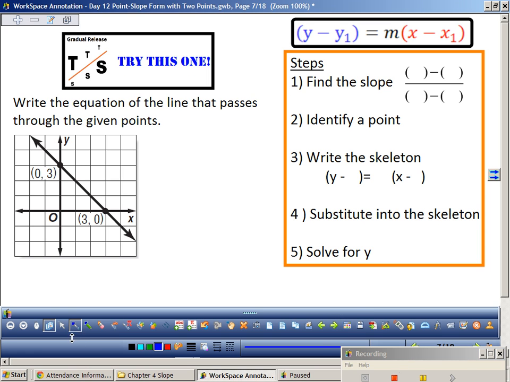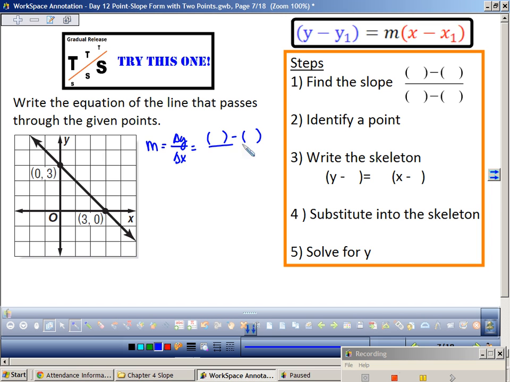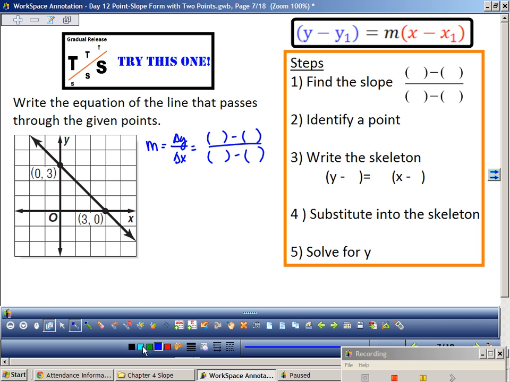Okay, your turn. Try this one. Okay, how about Andrew? Andrew, where am I going to start? Find the slope. My slope equals my change in y over my change in x. Here's my slope skeleton. All right, so which one did you use first, Andrew?